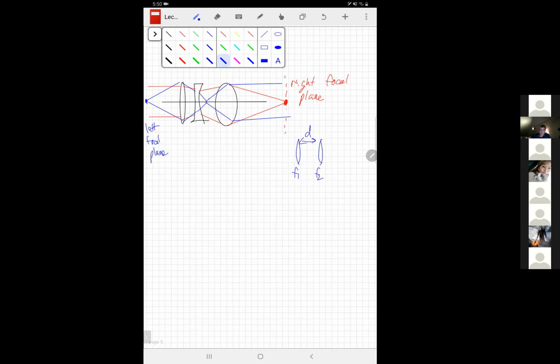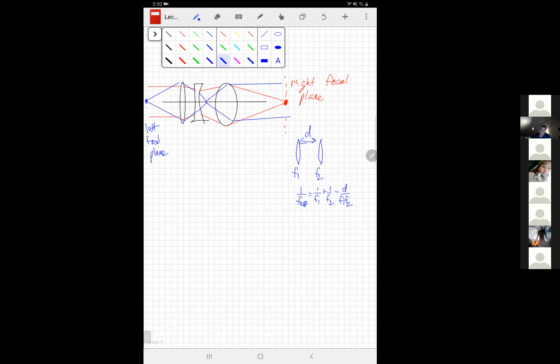It was the inverse of the focal lengths added together minus d over their product. Yep, but what was the physical assumption that I used in order to derive that? What was the physical idea that went into that derivation?